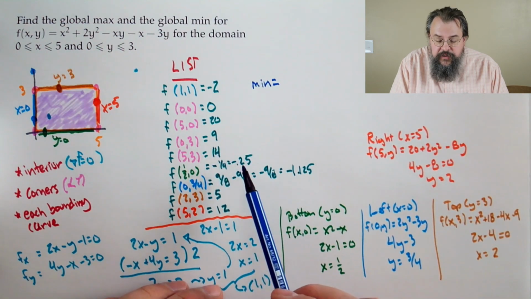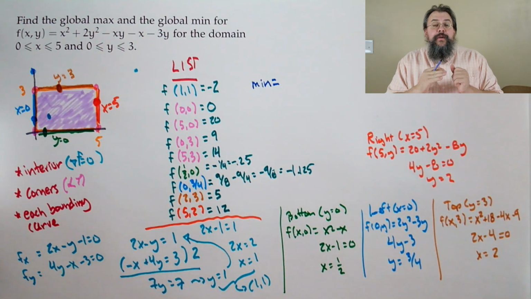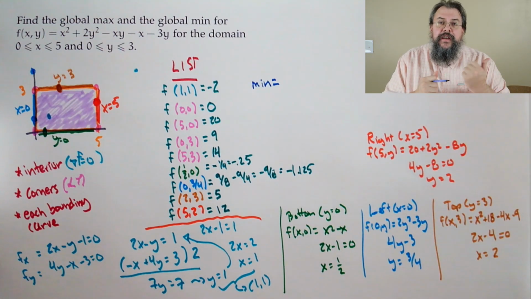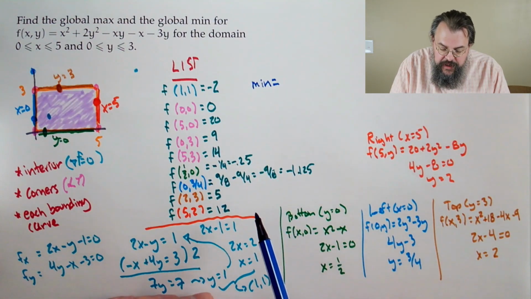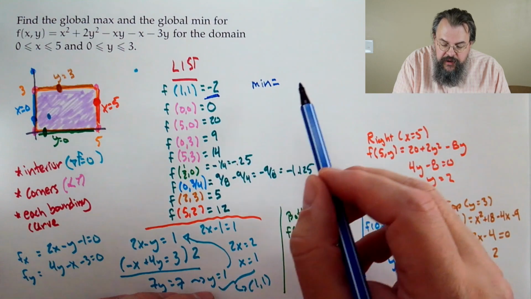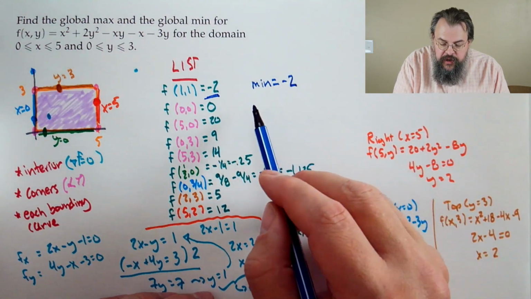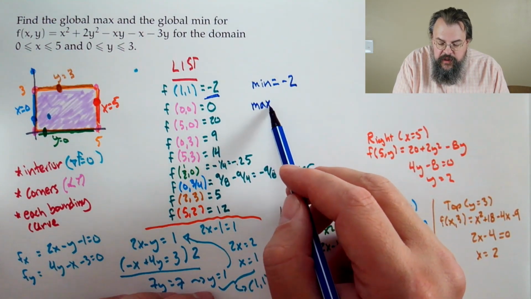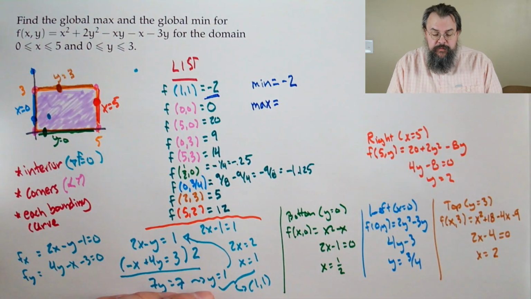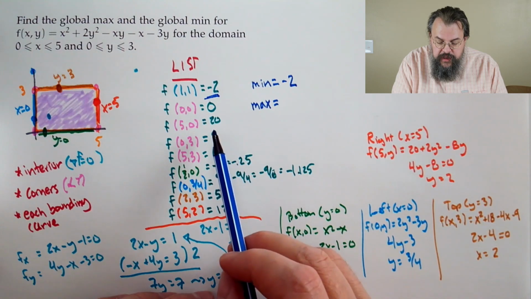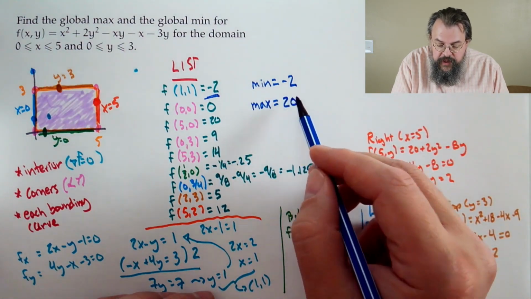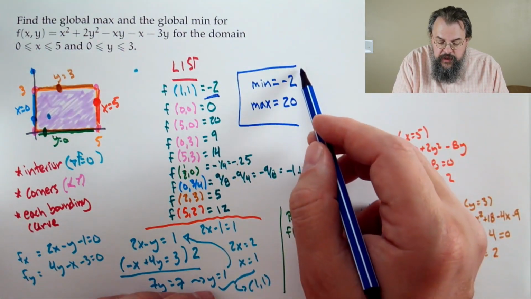Not the smallest number in magnitude, but literally the smallest number. If we think about positive infinity and negative infinity, smallest number just means most negative. So that would be -2. So our min is -2. For our max, look for the most positive number, the largest number. 20 is the largest number on the list. And we're done.